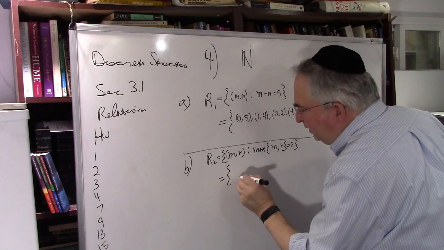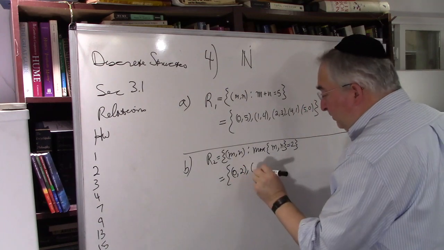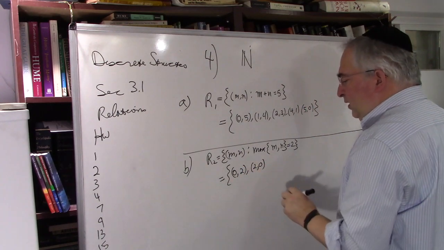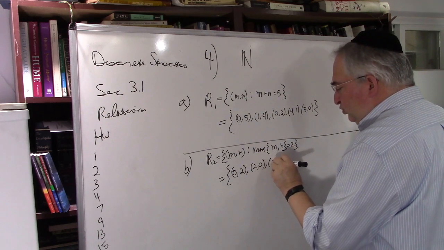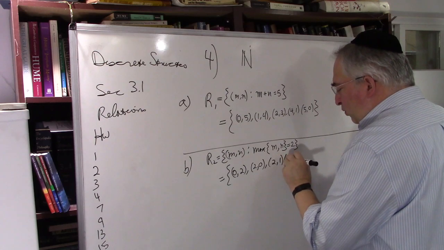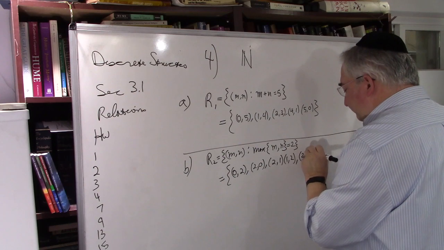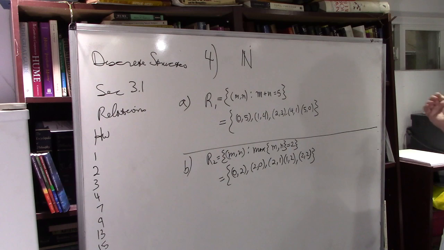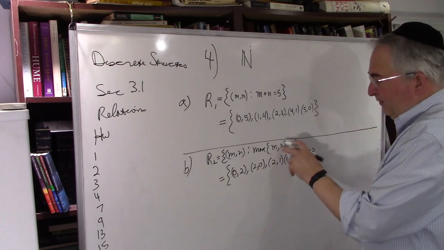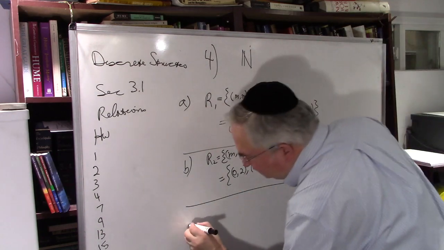So this is going to be, let's see, 0, comma 2 is in there. 2, comma 0 is in there. 2, comma 1 is in there. 1, comma 2 is in there. And 2, comma 2. Anything else is going to have a higher number, and you're not going to have it. And the maximum of anything higher is higher, so that's not going to work. Okay, great. Number C.